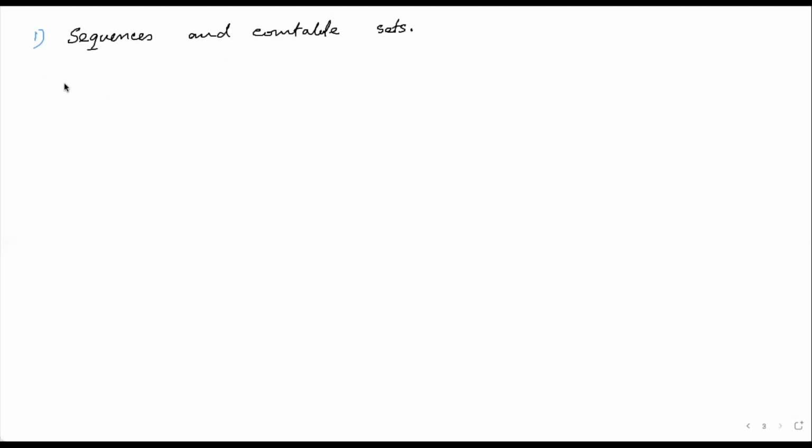So let us define what a sequence is. Definition: a sequence f is a function with domain the set of all natural numbers, where N is equal to 1, 2, and so on.